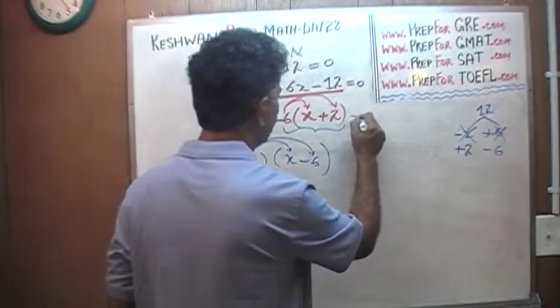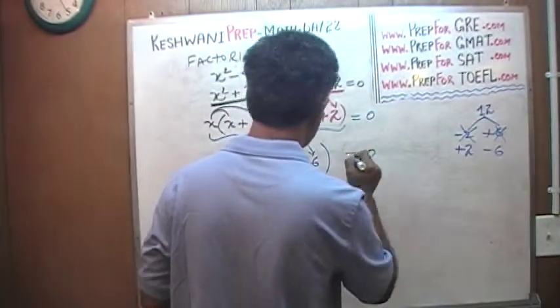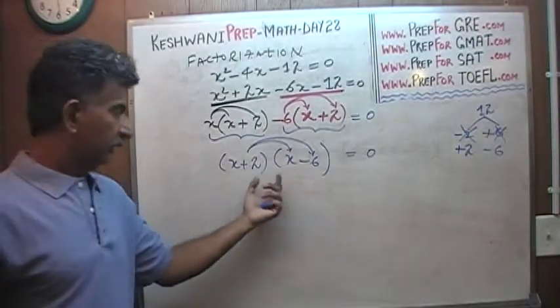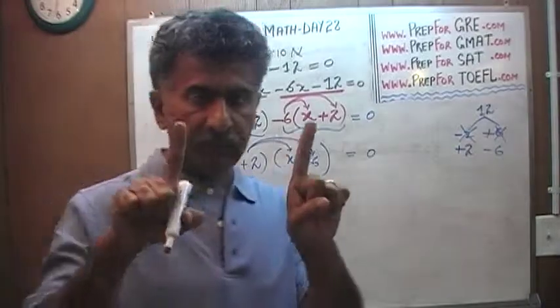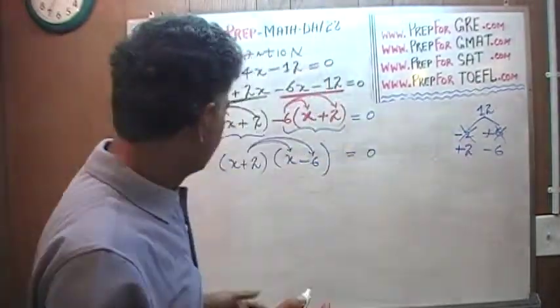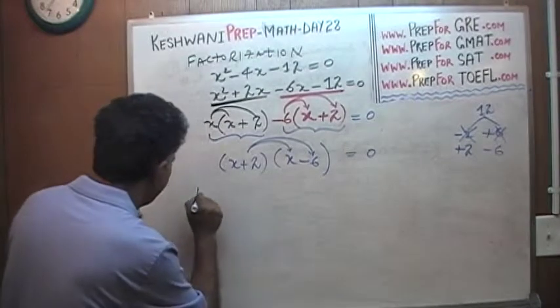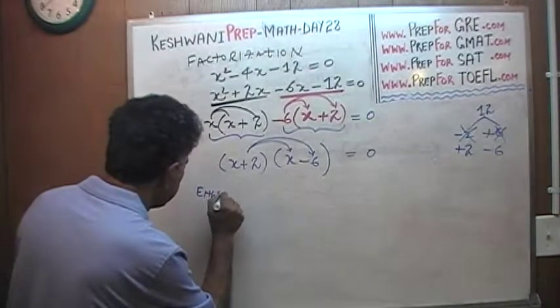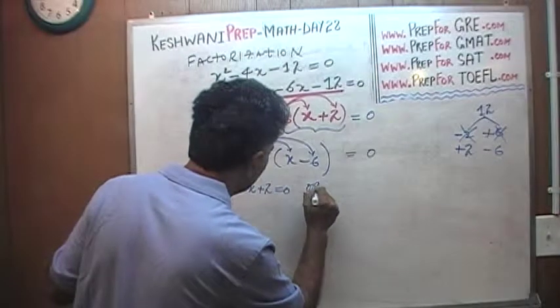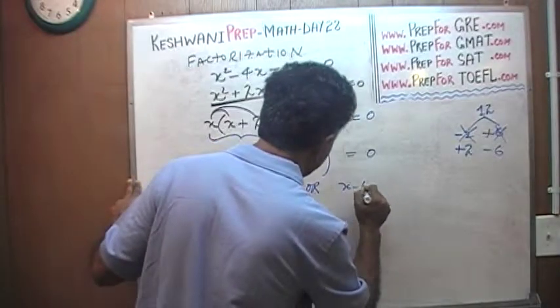And all of this has to equal 0. So if you have two quantities and when you multiply them you get an answer of 0, there are only two possibilities: either x plus 2 equals 0 or x minus 6 equals 0.